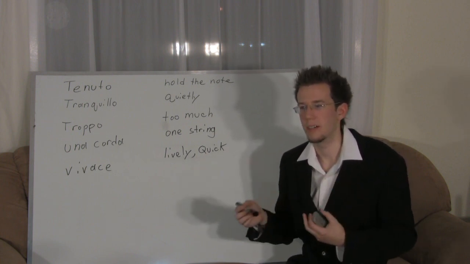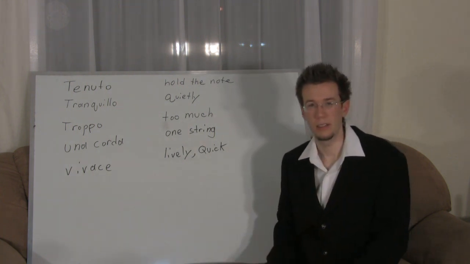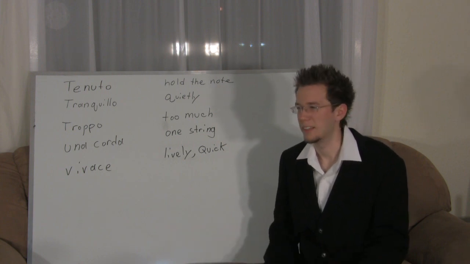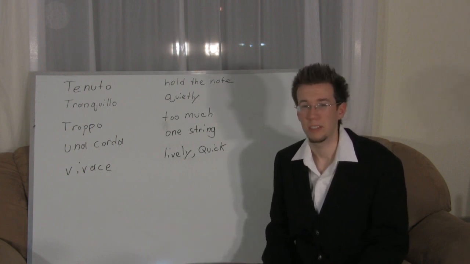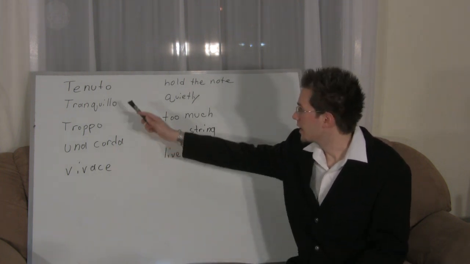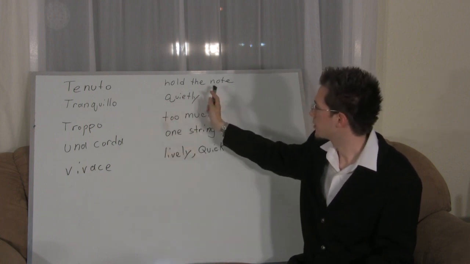So it has sort of a slowing down, or an "I don't want to move anywhere" kind of feeling. That's usually how you'd use it, although it depends on the situation. Okay, so that's tenuto, spelled T-E-N-U-T-O. That's hold the note.